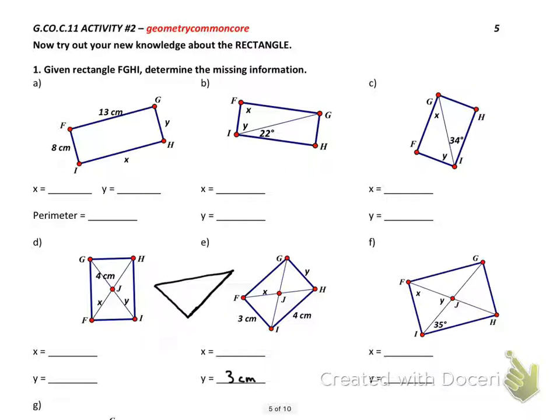So I basically just recreated this triangle right here over here. There's a couple of distances I already know. I know that this is 3 centimeters. This is 4 centimeters. And this hypotenuse right here, remember this is a right angle, I'm just going to call it C for now. Let's not worry about the X. So we have to use our Pythagorean theorem to figure out what that hypotenuse is.